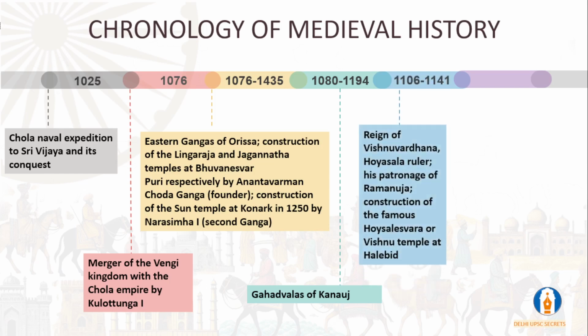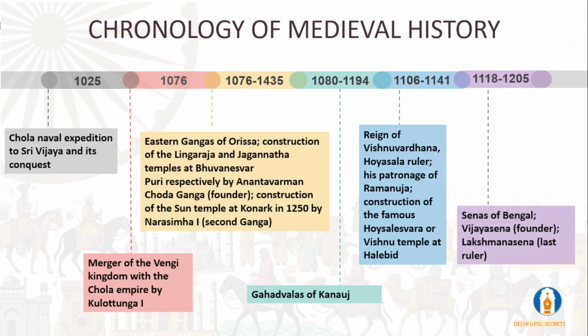1106 to 1141 AD is the reign of Vishnuvardhana of the Hoysala dynasty, and he was a great patron of Ramanuja. He constructed the famous Hoysaleshwara temple at Halebid. So, the establishment of the Hoysala Empire happens in the Karnataka region, and this particular period is also important for the decline of the Chalukyas and the rise of the Kalachuris in the region.